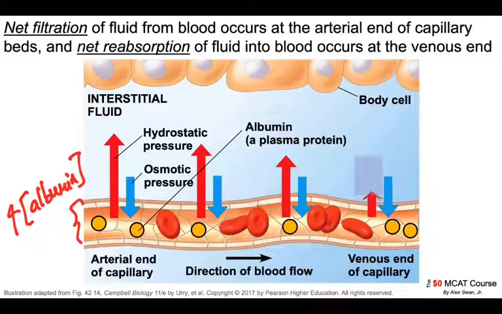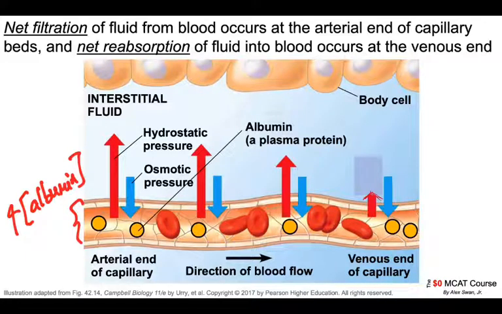Obviously, since albumin is almost exclusively present in blood and not in the interstitial fluid, this concentration gradient is never fully equalized. And we're going to have this force of osmotic pressure that is going to be exerted by the interstitial fluid against the walls of the capillaries.